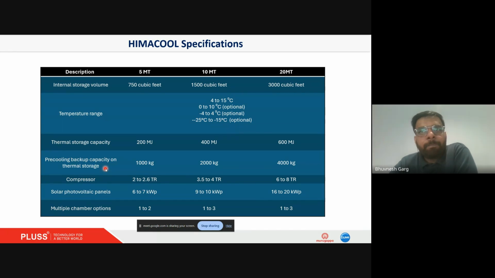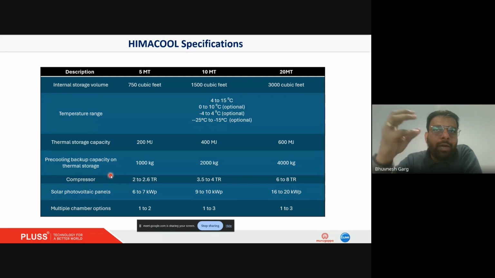So likewise, how much food can you pre-cool? Pre-cooling means if from the farm you are storing the product directly into your cold storage, it is at 30 or 35 or maximum 40 degrees Celsius. So it will be a direct load on the compressor to bring the produce down from 30 degrees Celsius to 5 degrees Celsius. Instead of that, you can pre-cool it.